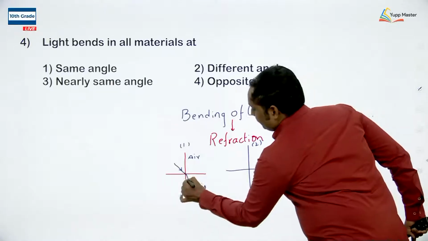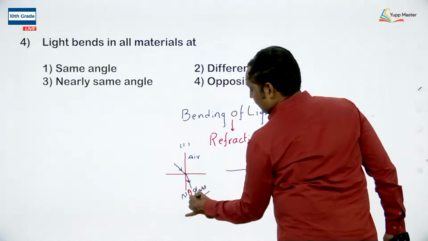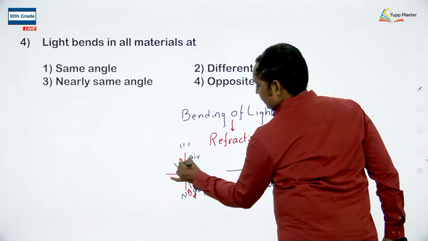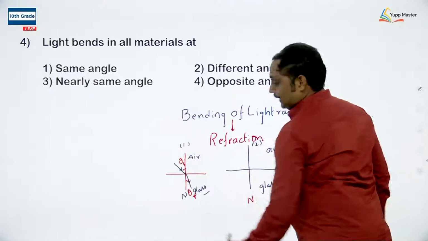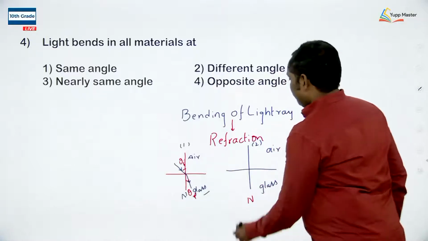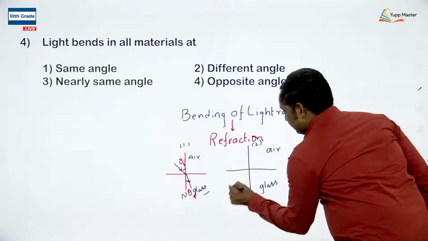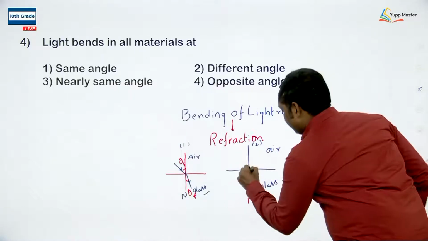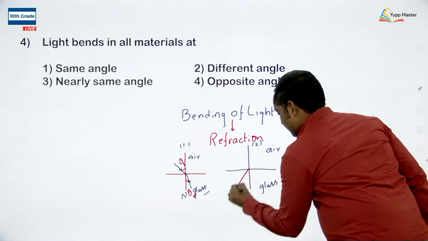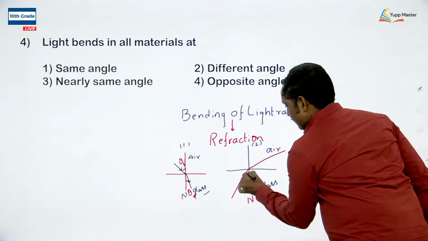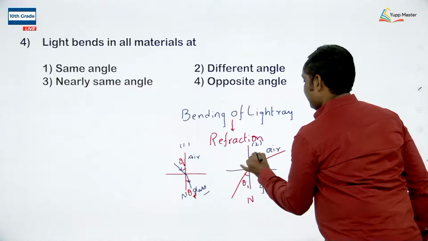Here let us assume this is theta 1, this is theta r, the angle of refraction, and this is theta i. Theta i is the angle of incidence, theta r is the angle of refraction. Now, whenever light enters from glass to air, please have a look at theta i and theta r.